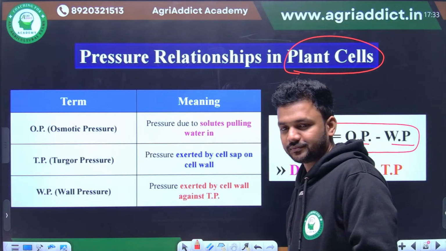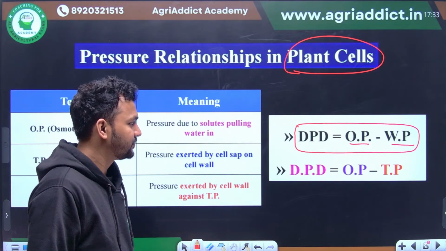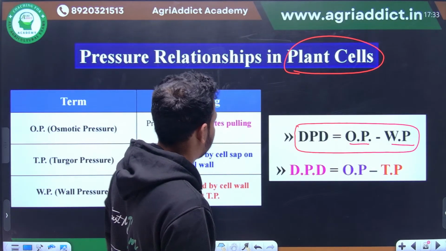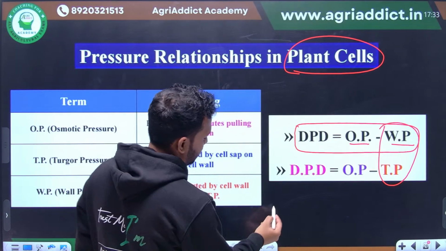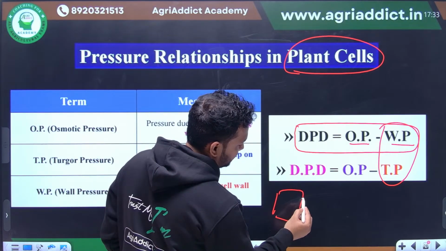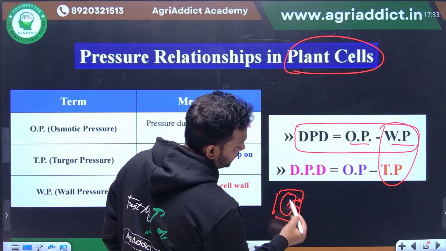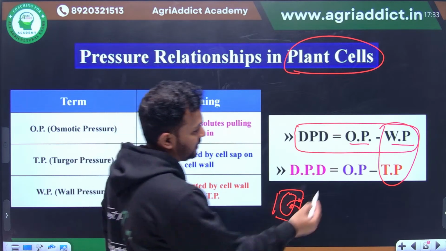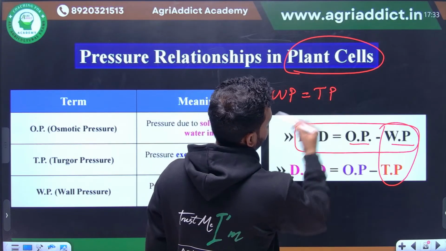How? Wall pressure is equal to turgor pressure only. If this is a plant cell and this is the cell wall, whatever pressure the cell exerts, the same pressure will be exerted back by the cell wall. So wall pressure is equal to turgor pressure.